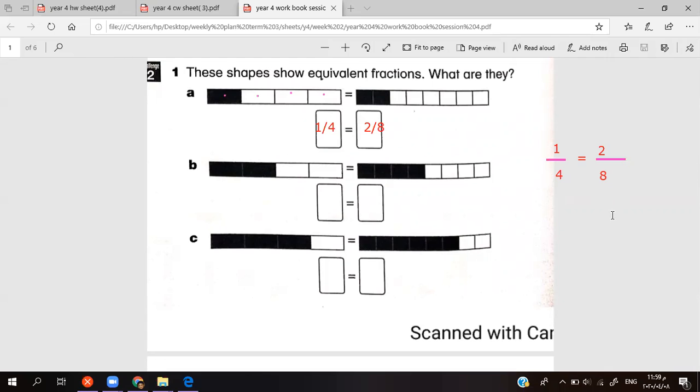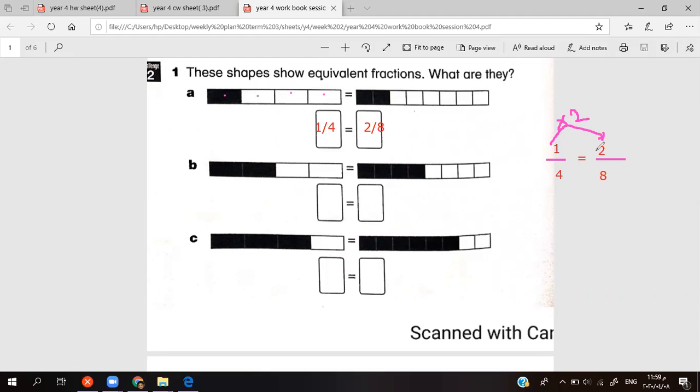See miss, I will tell you how to know if they are equal or not. How did the 1 become a 2? We only multiply and divide when I want an equivalent fraction. By multiplying it by 2. 1 times 2 will give me 2.